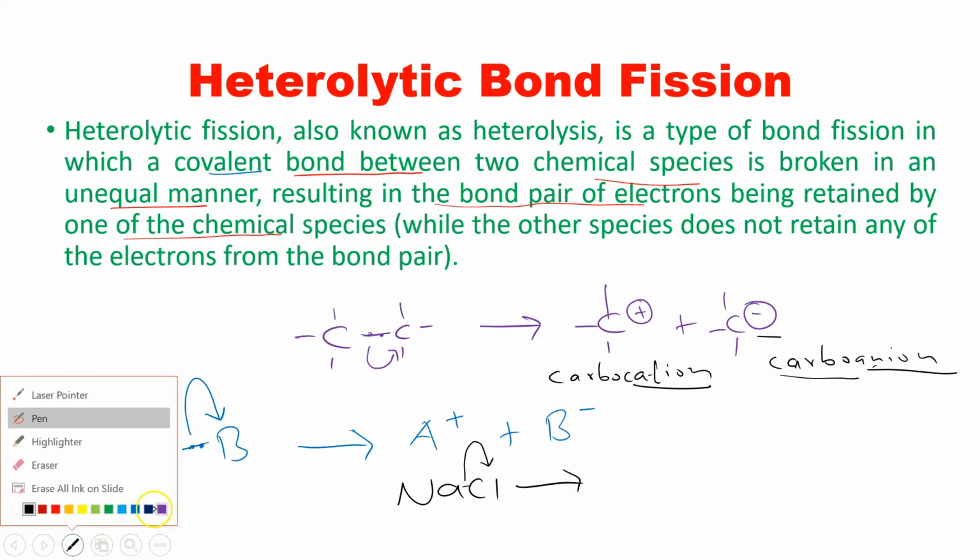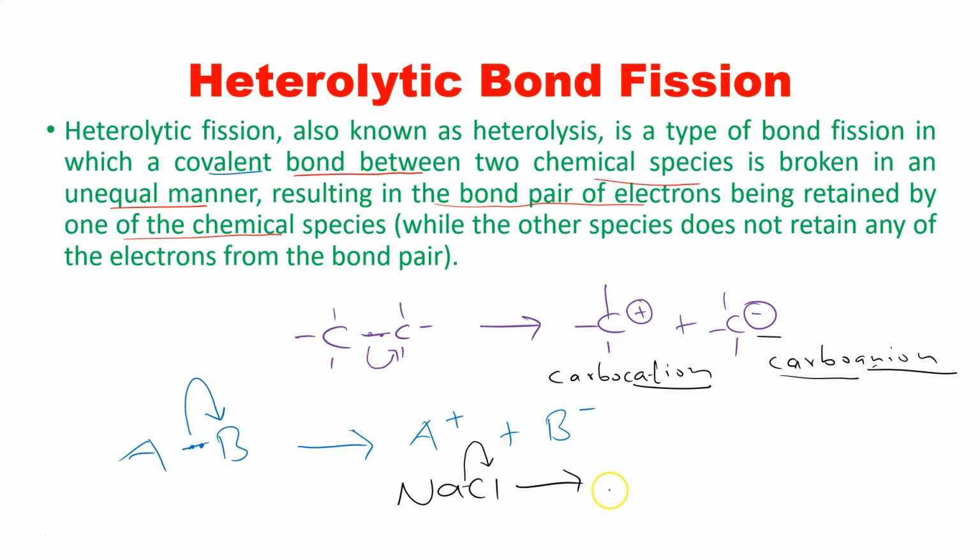Sodium will become positively charged, while chlorine will become negatively charged, as the pair of electrons has been transferred to Cl. So this is a metal, and we get one more, that is a non-metal.